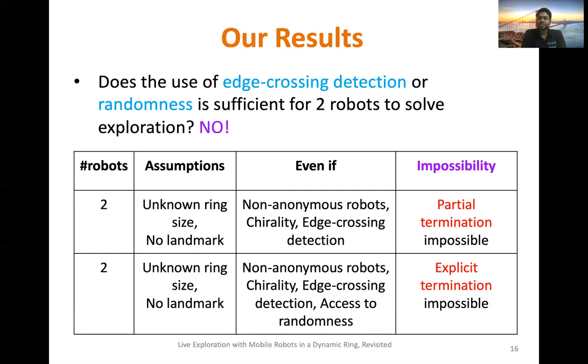This means that edge crossing detection does not help you to solve exploration. On top of that, even if robots have access to randomness, or use random bits, explicit termination is still impossible. That's what we saw.